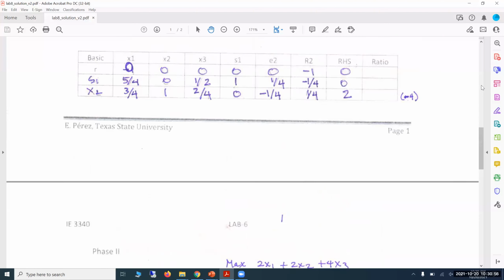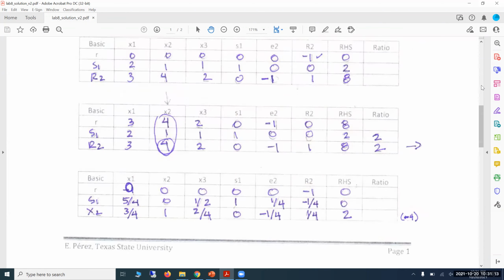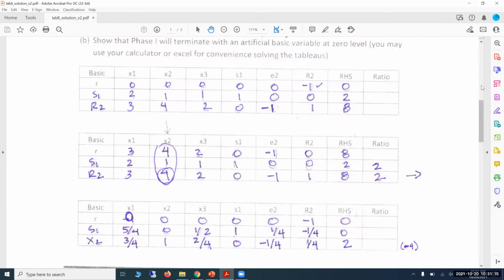Is this row 0? Yes, it's the row for the simplex method. No, I mean the first table we started with row 0. Yes, it is all zeros and a -1 for R2.